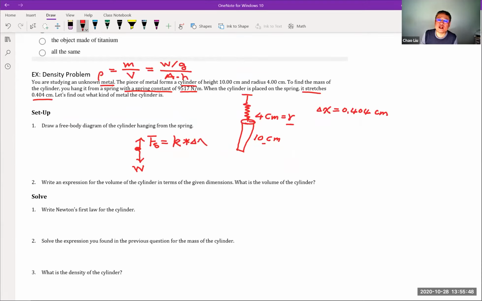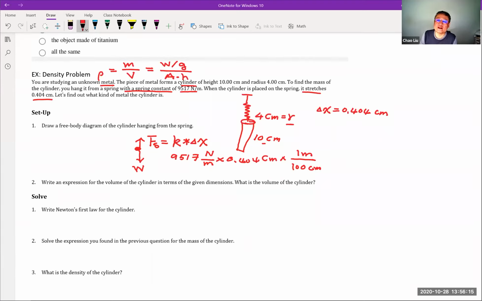But the change of the length is 0.404 centimeter. You have to do some conversion. So this one is 9517 Newton per meter, and you multiply by 0.404 centimeter, converted to meters. So 100 centimeter equals 1 meter.